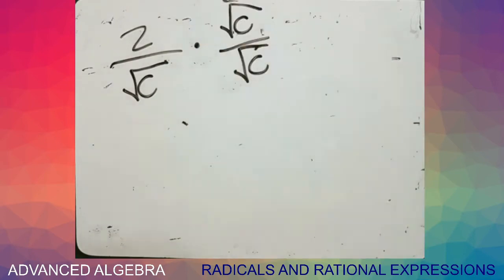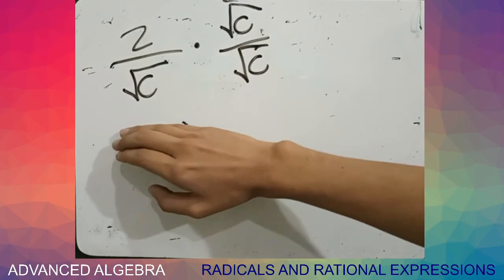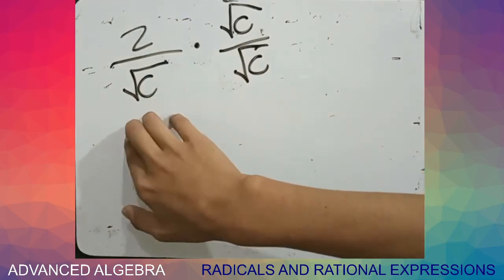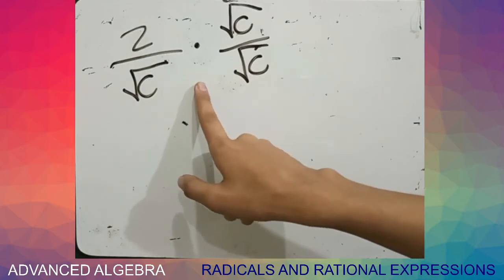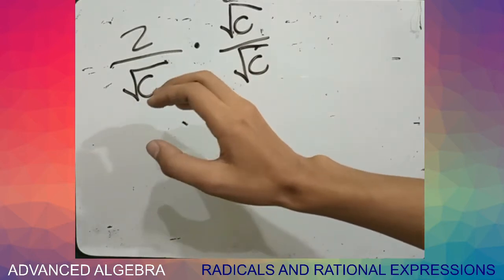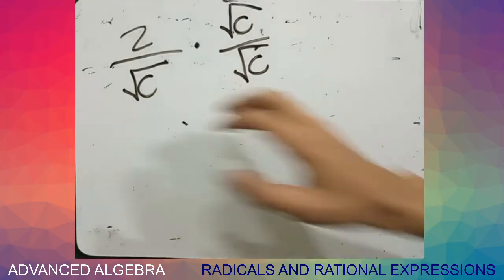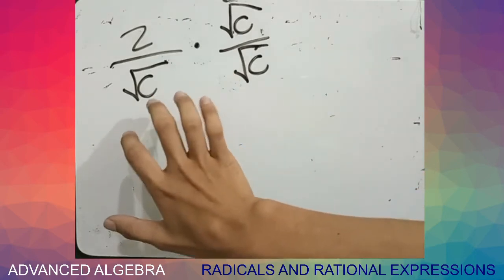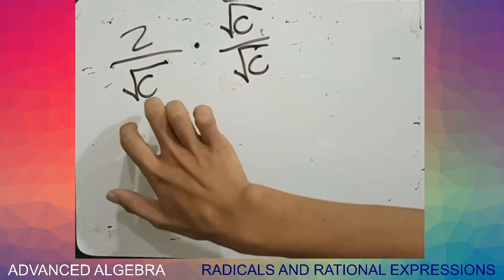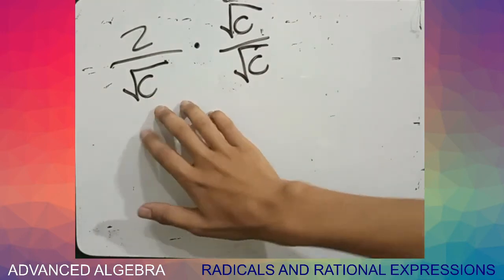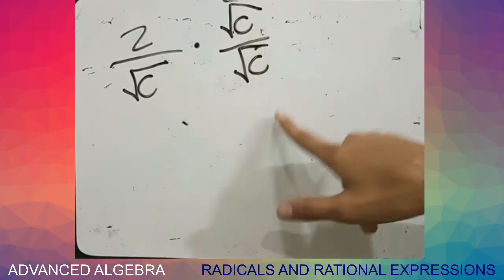So, paano yan? So, magbe-base tayo sa denominator. So, yung ating denominator, wala siyang addition dito. Wala siyang involving na operation. So, ang gagawin daw natin, kukunin daw natin yung form of 1 ng ating denominator. So, ang form of 1 ng atin is the square root of c. So, kopyahin mo lang siya, the square root of c over the square root of c.